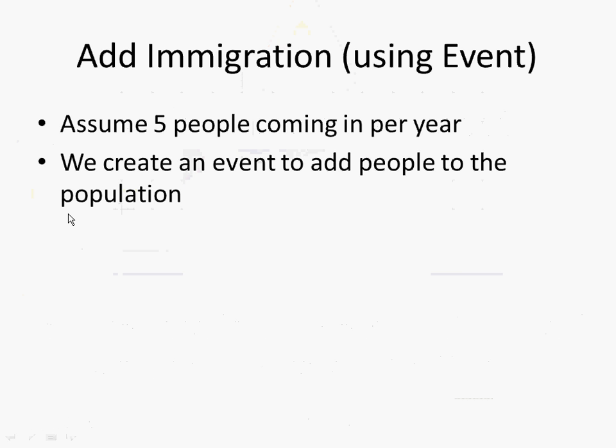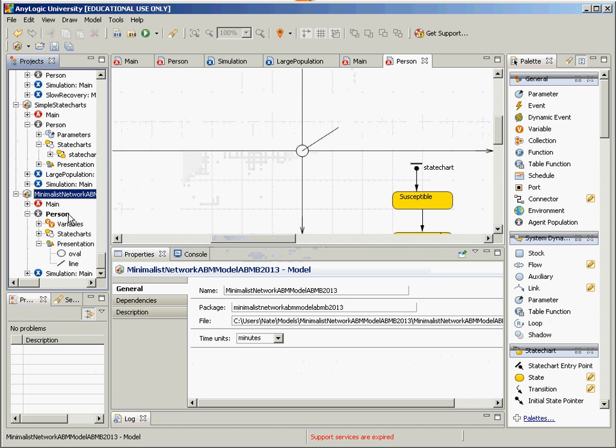Once you've got that loaded, I'd like to add immigration in. And we're going to do this using what we call an event. We're going to introduce an event that periodically adds a person to the population.